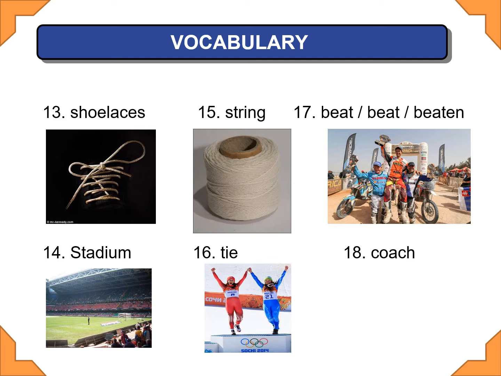Number two is a string cord to fasten something. Number three, tie is, for example, in a competition when the two teams, nobody wins, nobody loses. That's a tie. I mean, the score was, for example, 1-1. That's a tie.